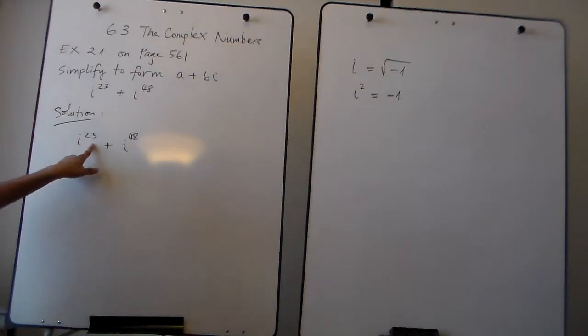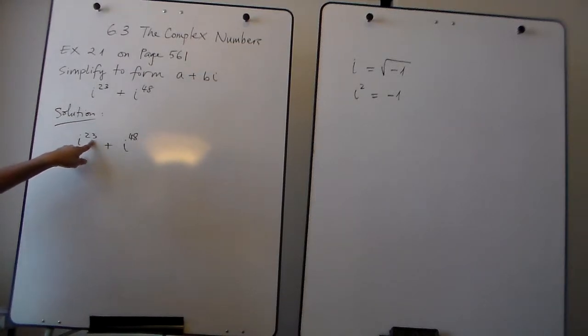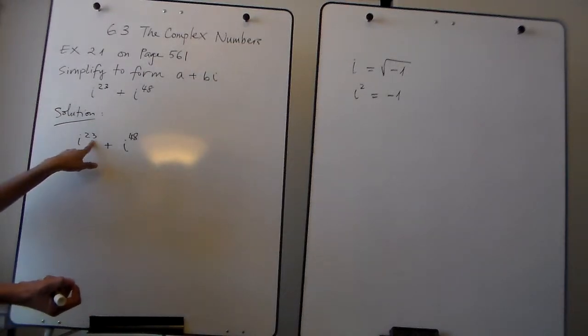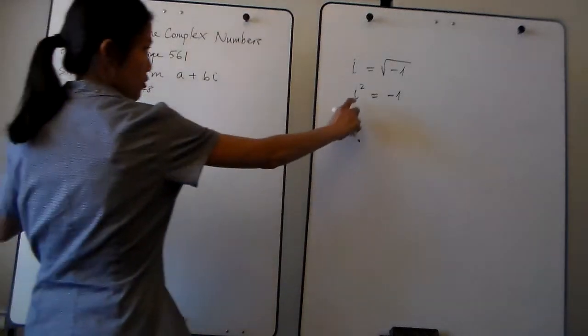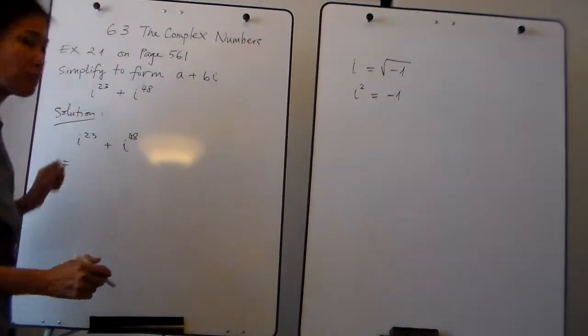Every time you see an odd exponent, rewrite it with an even exponent, because with an even exponent you can factor out the 2 so that we can use the formula for i squared.